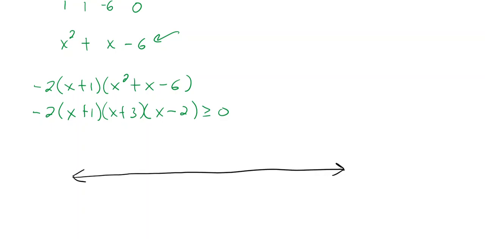All right. And then the next thing we want to do is write down where our x-intercepts are. So think about this number line I just made as pretty much the x-axis. So we can see our x-intercepts here. So we're going to have an x-intercept at x is equal to -1, -3, and +2.